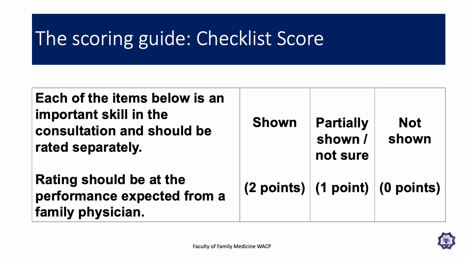The resident doctor can also get a score of 1 if they showed it partially or you're not sure that they showed it. And they get a score of 0 if it was not shown at all. So rather than mark down a resident doctor because you're not sure if you paid attention or if you caught something, if you're not sure about it, then give a score of 1. But if you're sure that they didn't show it, then give a score of 0. And if they showed it at the level and the competence of a family physician, then you give them a score of 2.